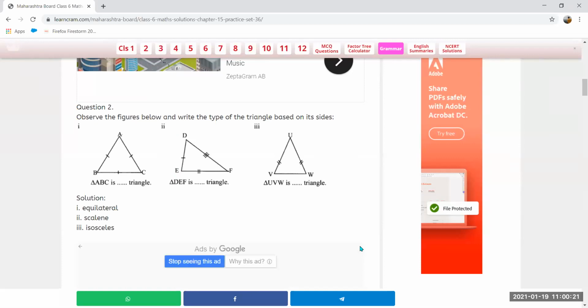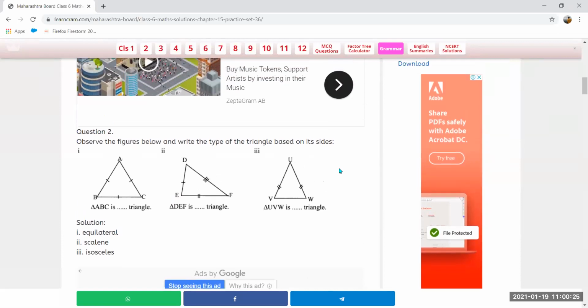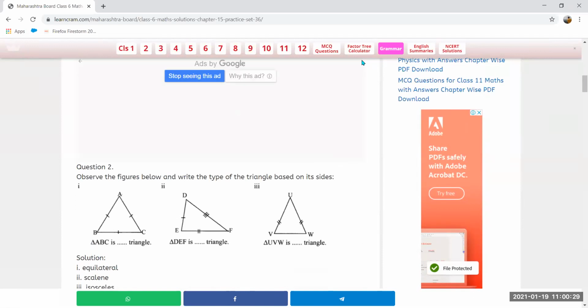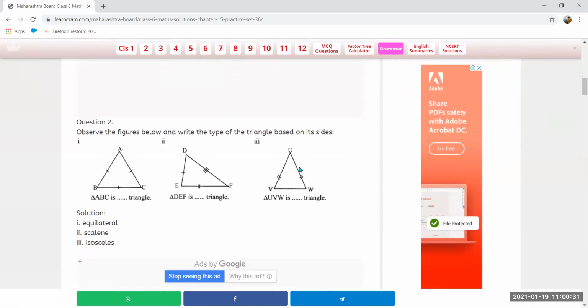Write the type of triangle based on its side.